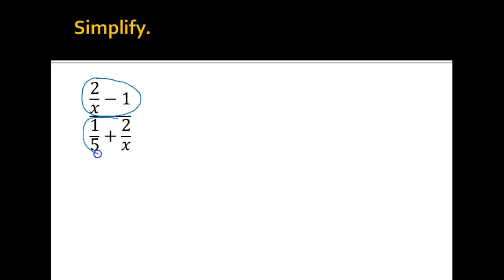We have an expression in the denominator, and that one's an addition problem, an addition of two fractions, and some of these fractions are rational, meaning that there's x in the denominator. So we're going to simplify both of those. I kind of circled what we're doing.